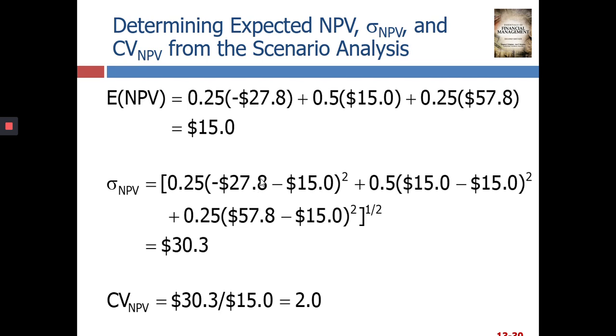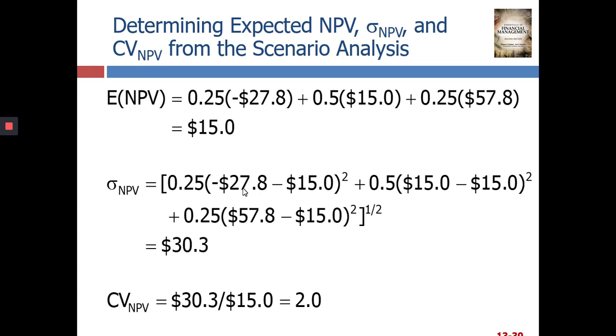Alright, so return minus expected return squared times probability. You do all that together, and the one in the bracket is the variance. Square root the variance, you get standard deviation, right?